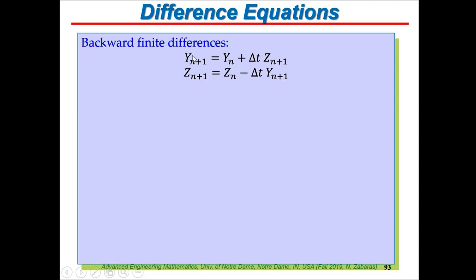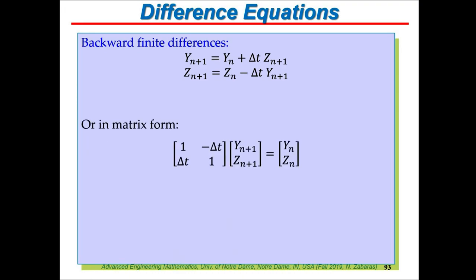Remember, my problem was that y prime equals z and z prime equals minus y. So the z and y on the right-hand side have been approximated at time n+1. So in essence, you can see that from n+1 you go backwards now. You use the differences that are backwards in writing this equation. So this is a backward finite difference approximation.